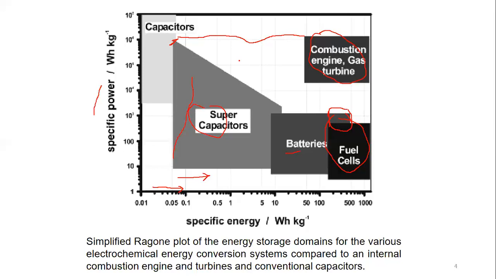Its operation time is quite short, so its durability and performance are issues, and there are some serious problems regarding fuel cells that we had discussed, and we will also discuss in this class.